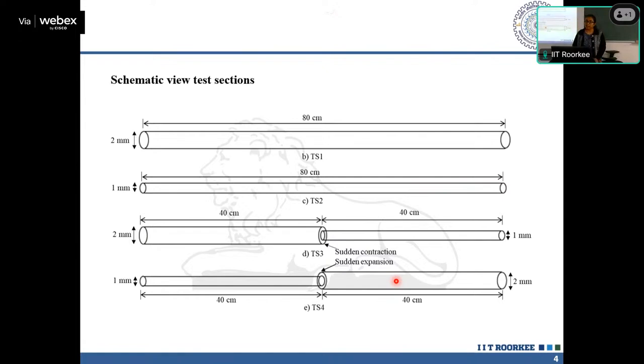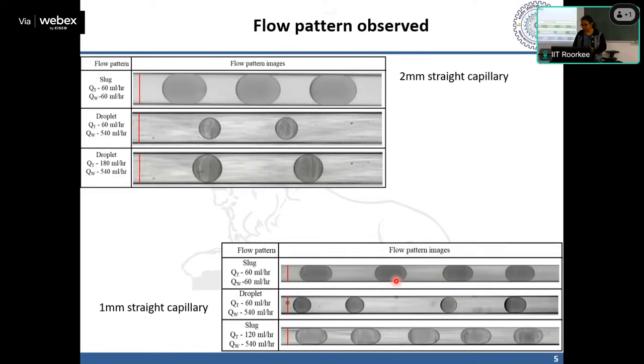But there is a lack of systematic review of how much change in area you need to really enhance the mass transfer, and how much energy you are consuming for that. That is the motivation of this work, so that we can understand systematically how much efficiency gain this change in diameter provides. I guess we have discussed this a lot.